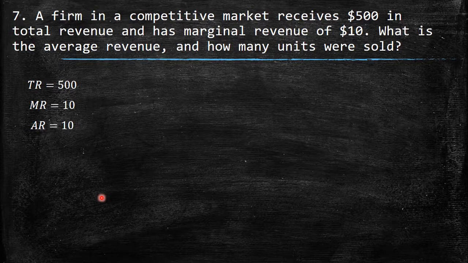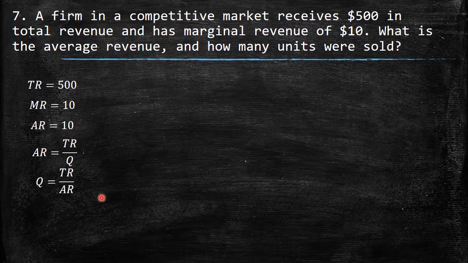So the marginal revenue and the average revenue are exactly the same in a competitive market, because any unit that you sell in the market represents exactly the same additional revenue. And when you divide the total revenue over the quantity, this is naturally the average revenue. Remember, the definition of the average revenue is total revenue over quantity.